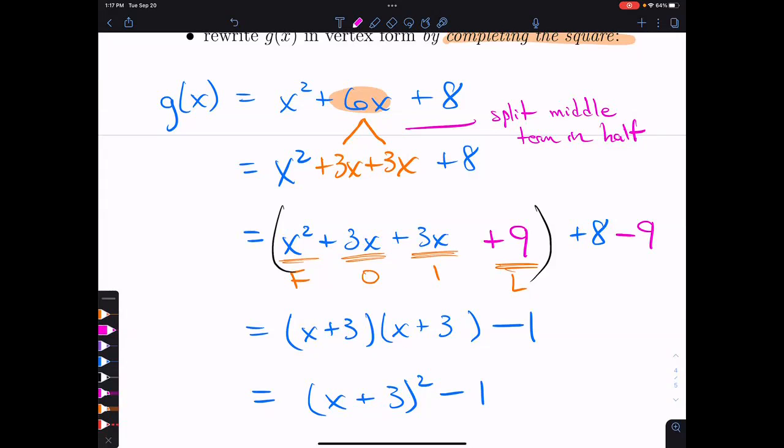This is what I would call the completing step, complete the square. It's missing something. And then this minus 9 is adjusting or borrowing. And then once we have that, we just factor this stuff, which we've already set up, like what the factors are going to look like if this is the first and outer and inner last parts of the product. And then whatever's left over outside is left over. That's our vertical shift.